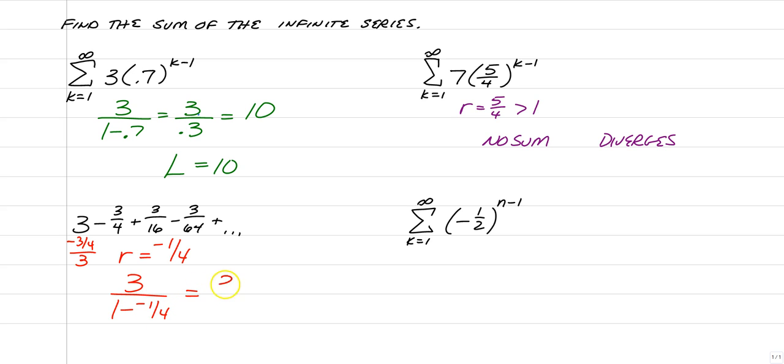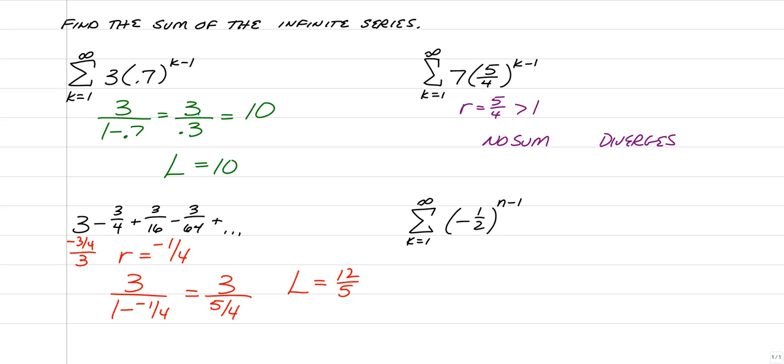So that's going to give us 3 divided by 1 minus a negative 1/4, which is 5/4. So L is equal to 3 divided by 5/4, which is 12/5. So the sum of that infinite geometric series is going to approach 12/5.